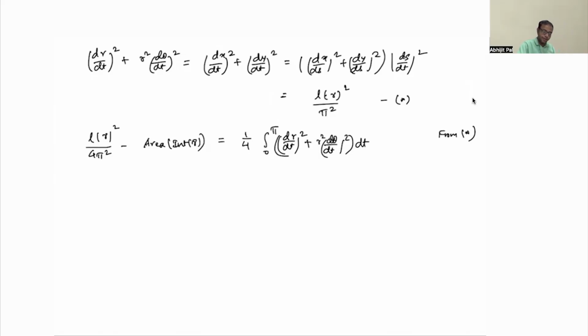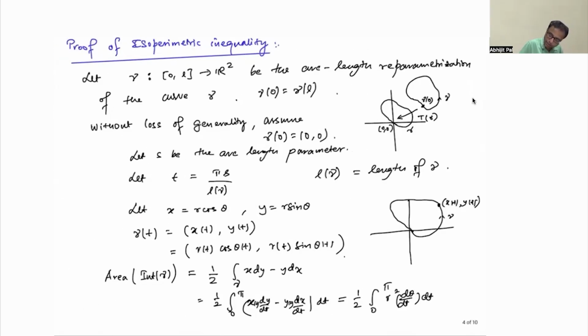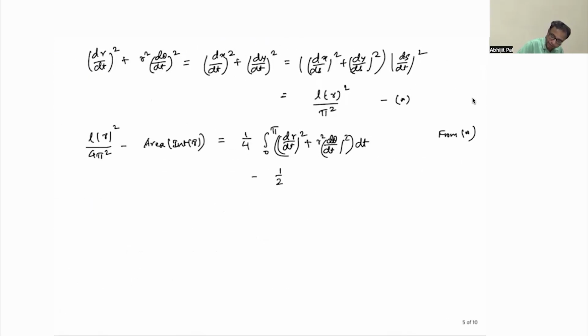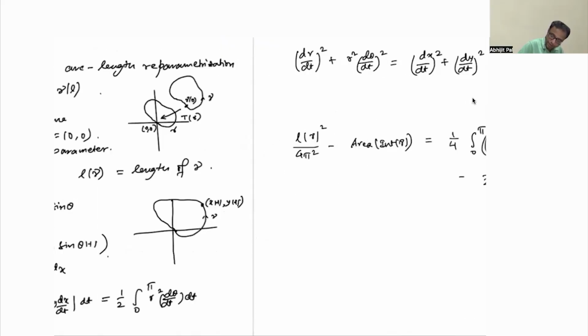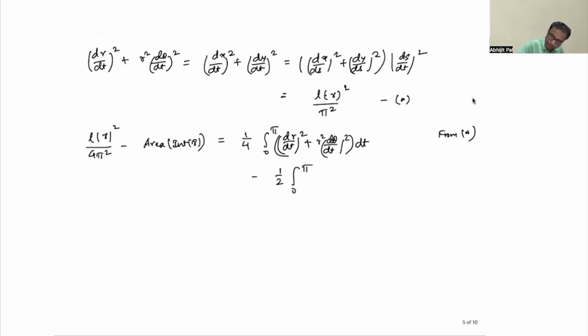If I take this, we'll get the length of gamma square by 4 pi square, minus, so what do we have? The area of the interior of gamma. This is half of the integral 0 to pi of r square d theta/dt dt.